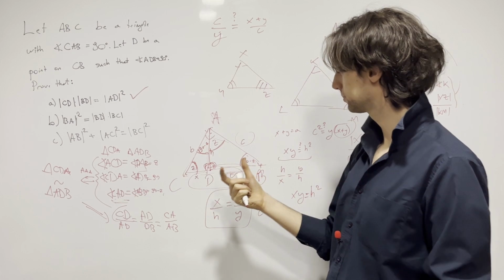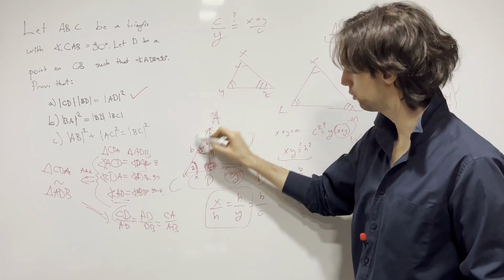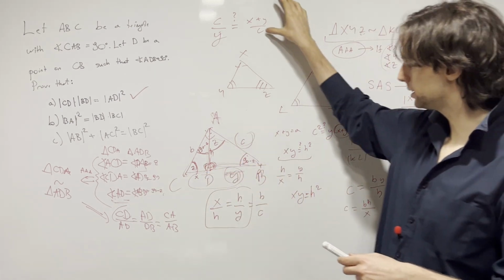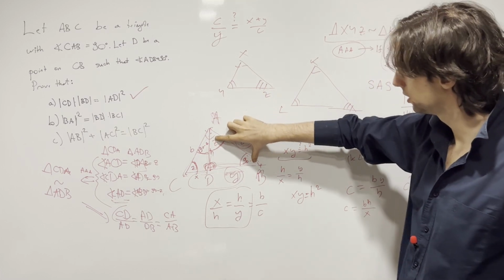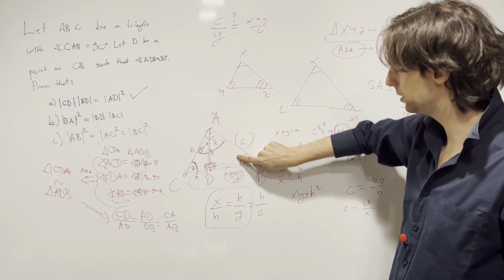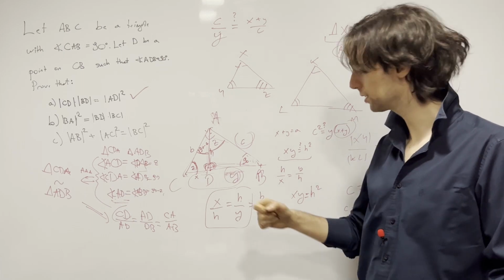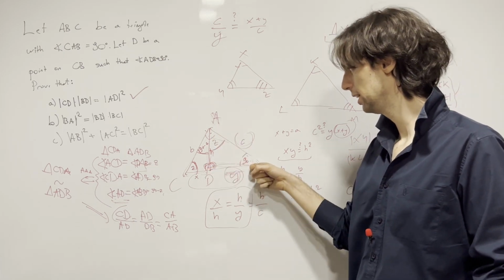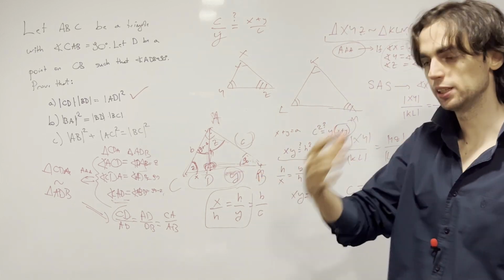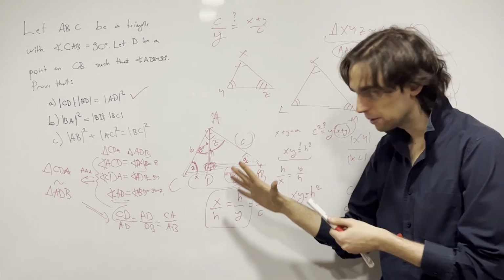We have Y, so we have this triangle with Y and C. And we have this large triangle with X plus Y and C. And so if this is true, we will have that this over this is the same as this over this. And we'll have the same angle, which means what? We'll have similarity of the triangles ADB and the triangle CAB. Now, if you're not getting this just now, it's okay. This is just a way of thinking in general. You don't have to master this right now.